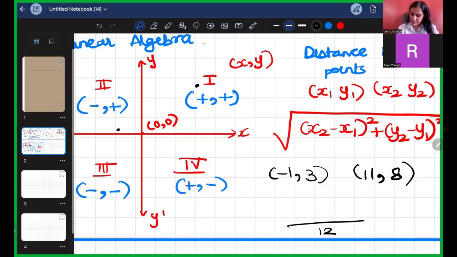And this is the vertical distance, the difference in y-axis, which in this case is 8 minus 3, which is 5. So the distance is root over 12 square plus 5 square, that is 13. So this distance formula is nothing but the Pythagoras theorem.